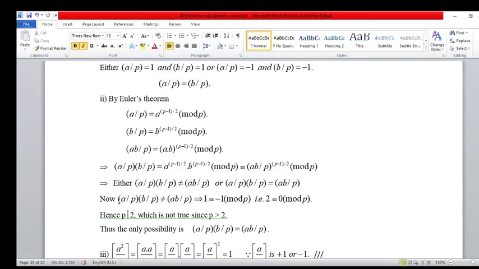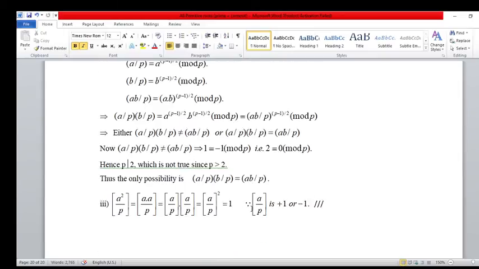This shows (a upon p)(b upon p) does not equal (ab upon p). This implies 1 congruent minus 1 mod p, and by changing sides, 2 congruent 0 mod p. Hence p divides 2, which is not true since p is greater than 2. p is always greater than 2, so this is impossible.